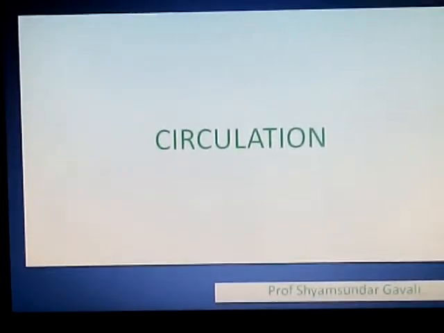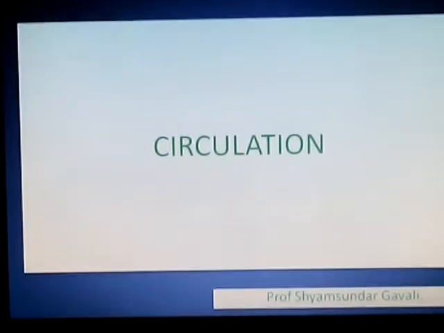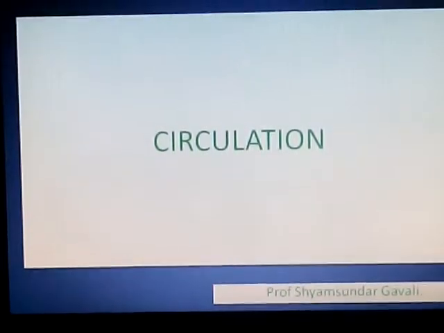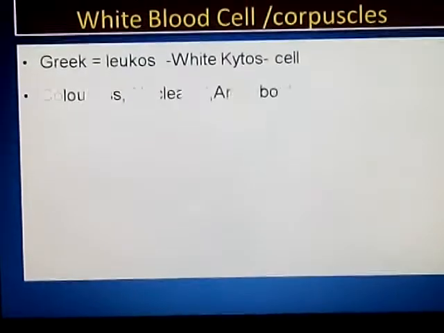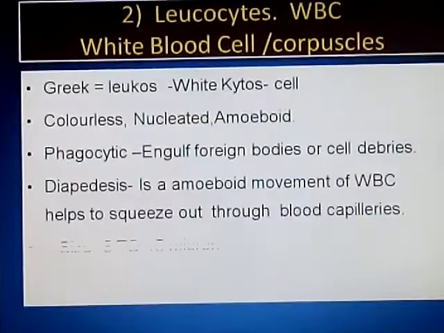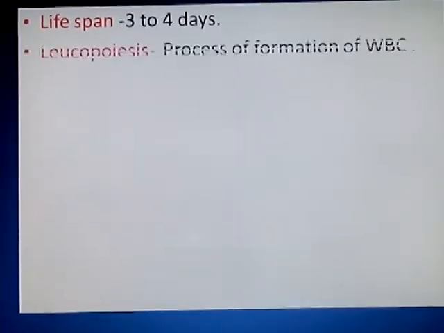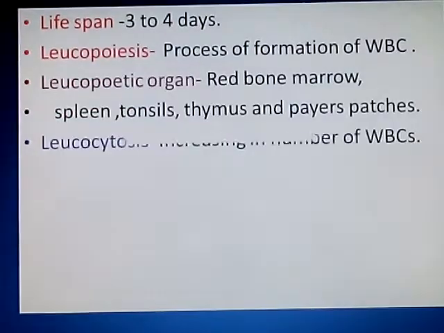Circulation. Up to the last lecture, in circulation, we have discussed RBC and WBC. In WBC, there are two different types: granulocytes and agranulocytes.